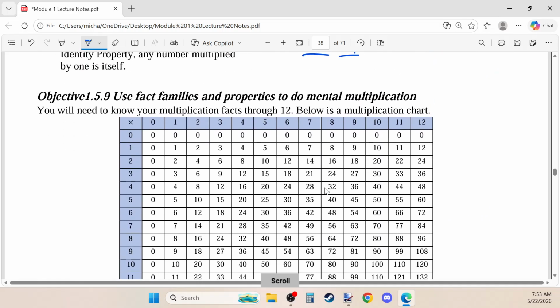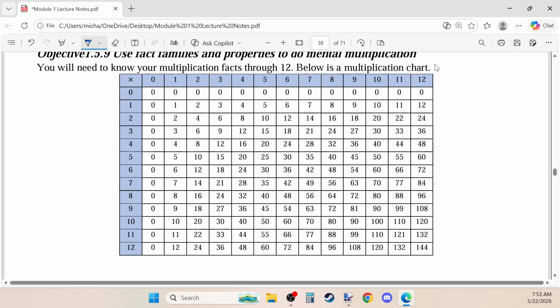Here's a multiplication chart. You should memorize this chart. Memorize is maybe a strong word. You should know this chart. Every row and column is its own pattern. This row you're adding 5s. This column you're adding 9s.